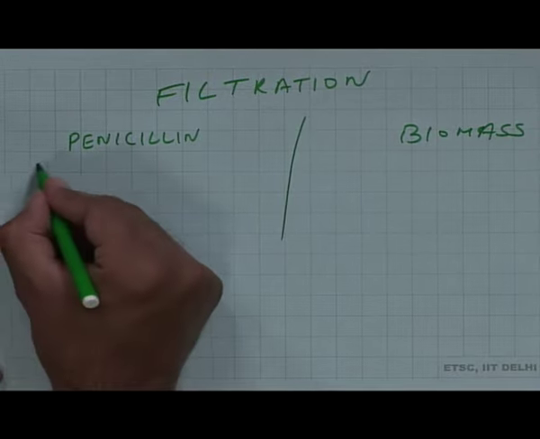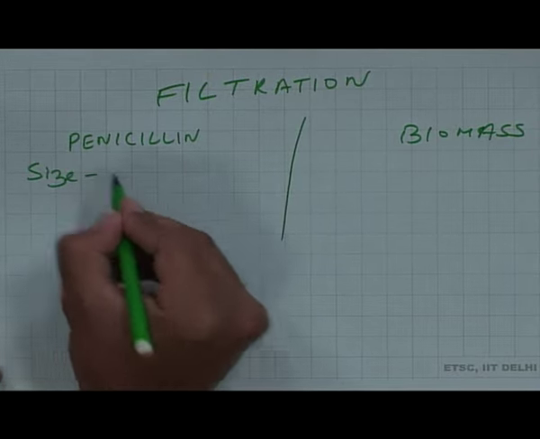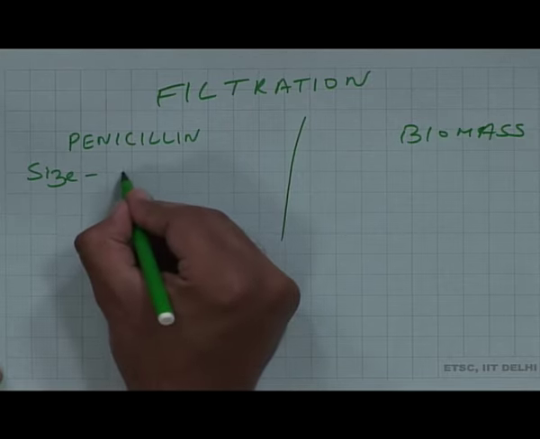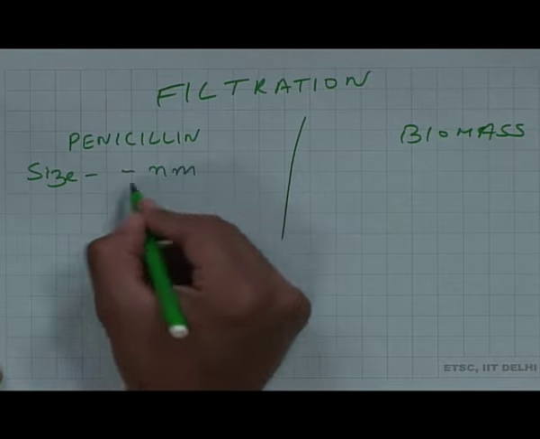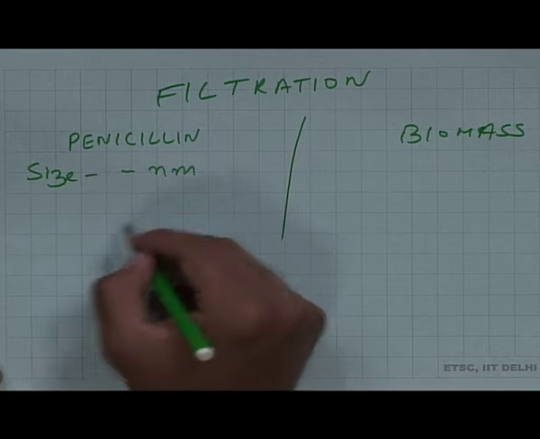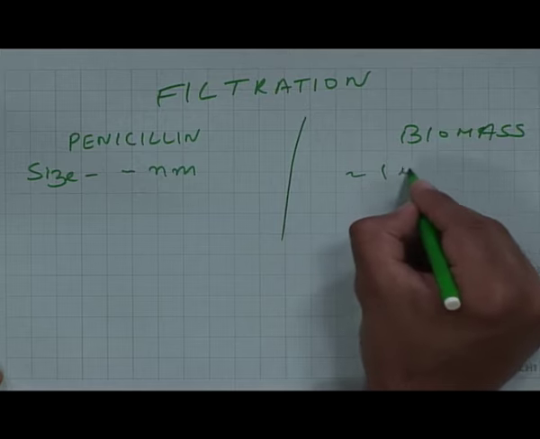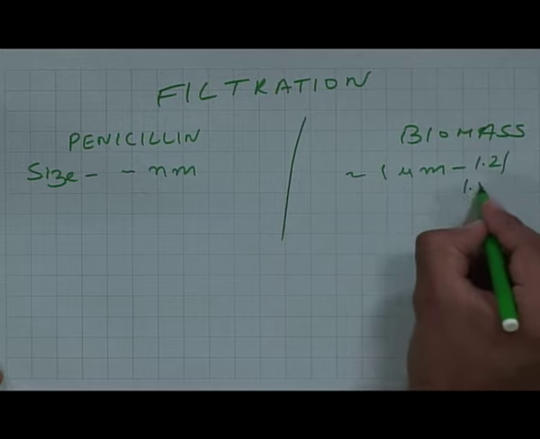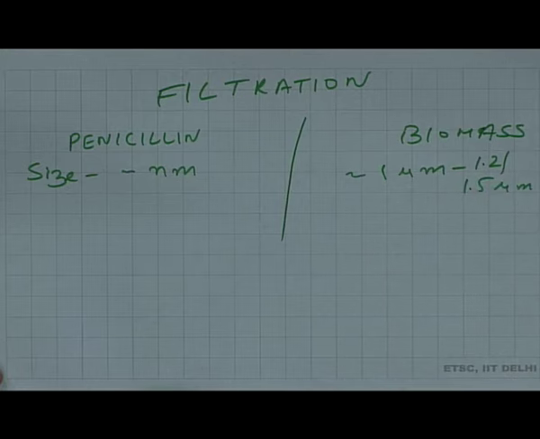Okay. What is the size of a penicillin molecule? It would be approximately in nanometers. It is a very small molecule, right. What is the size of biomass? Biomass is typically around 1 micrometer, 1 to 1.2 or 1.5 micrometer.